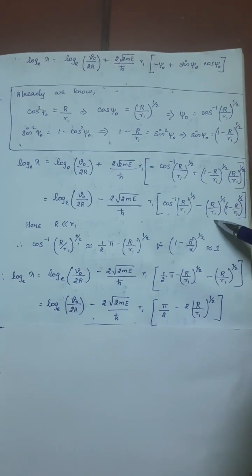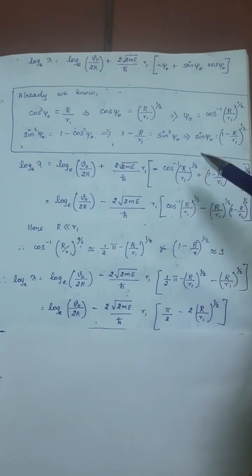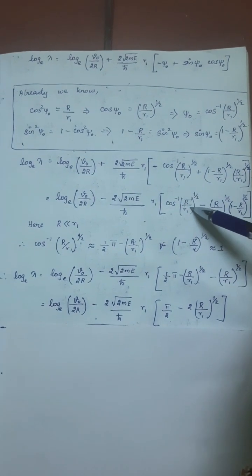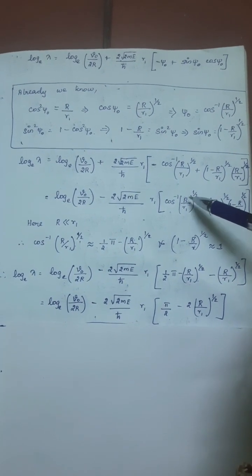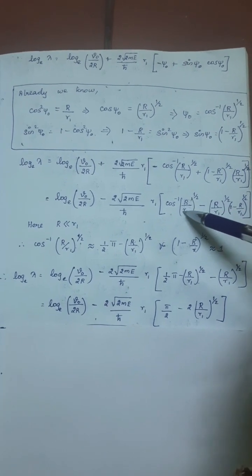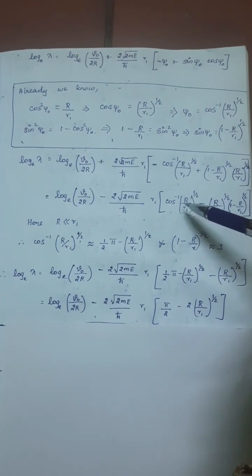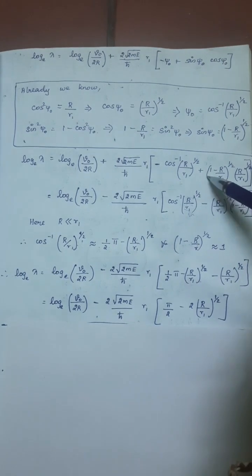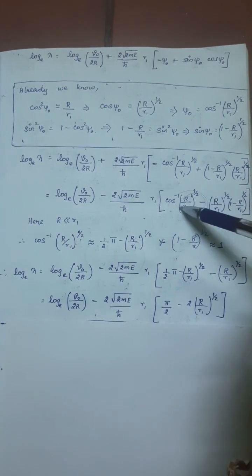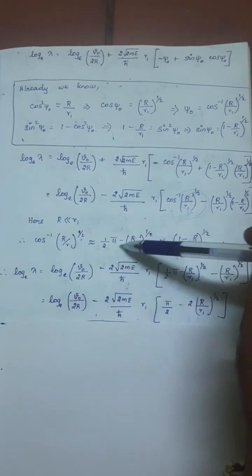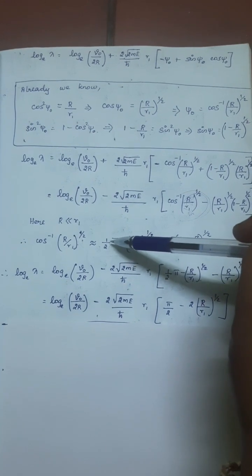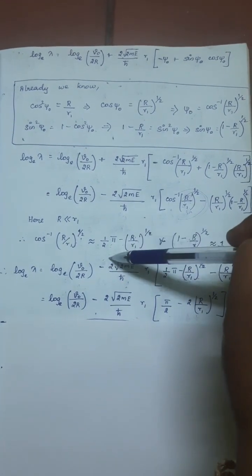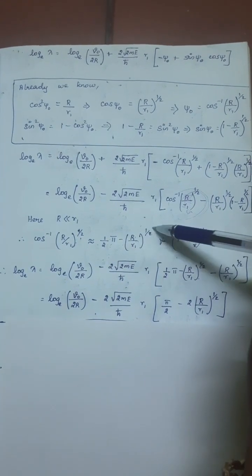In this equation we have considered that the value of capital R, the radius of the nucleus, is very much less than the value of R1. So the first term, the cosecant inverse term, is replaced by pi into half minus R by R1 the whole power half.